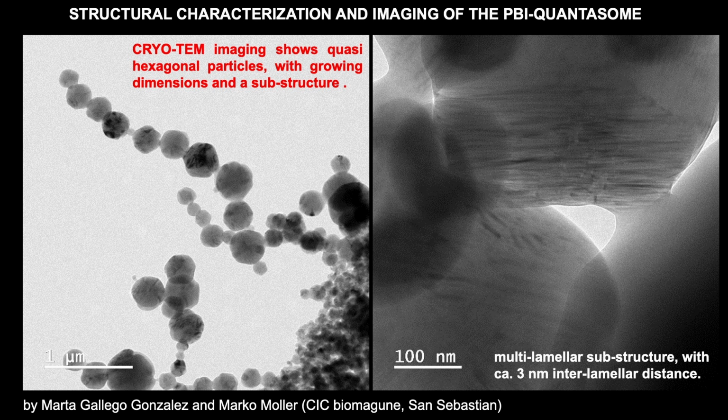And this is a very new result, a cryo-TEM image of our structure that we now can define a quantasome, okay? And you see, you have these hexagonal particles because this is consistent with a close packing of the unit in a hexagonal way, and you have these fringes, okay, that are consistent with this kind of stacking lamellae, okay?